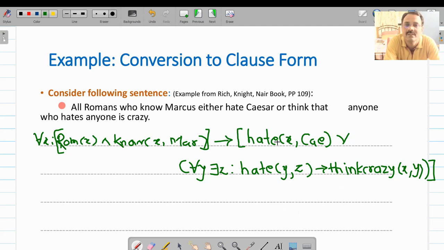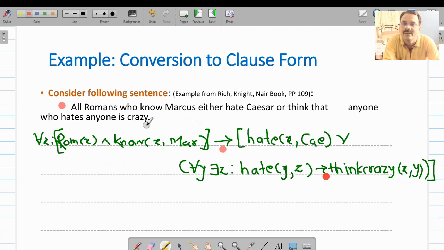Now first step in clause form conversion. What is your first step? Remove implication. So you will have to remove this implication as well as this implication. If you remove this implication, then it becomes not of whatever is on the left hand side, or whatever is on the right hand side as it is.